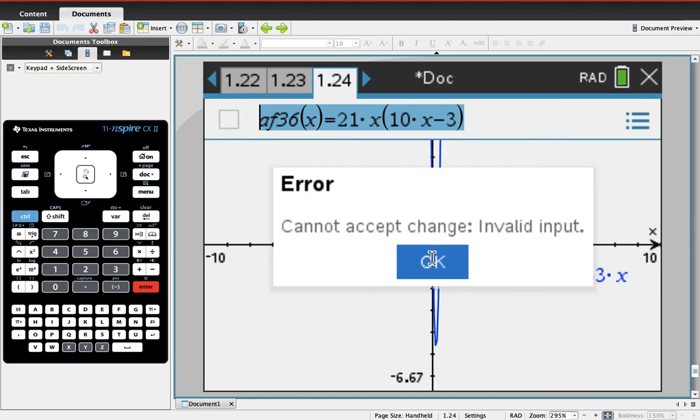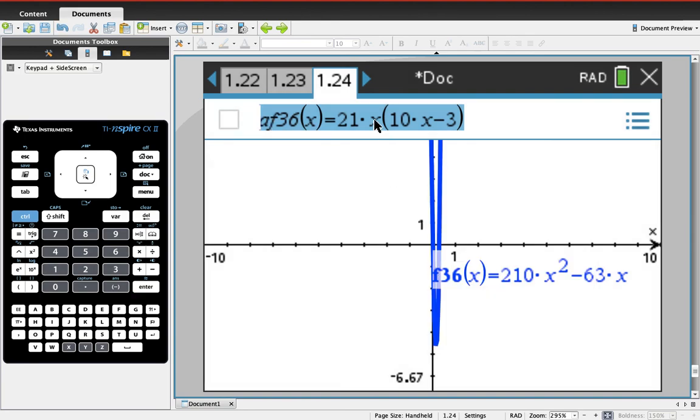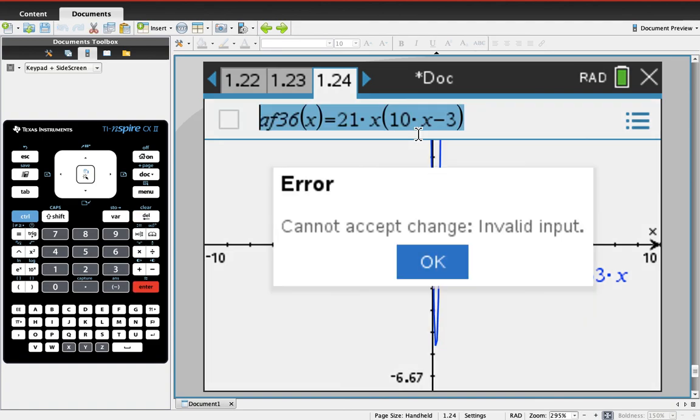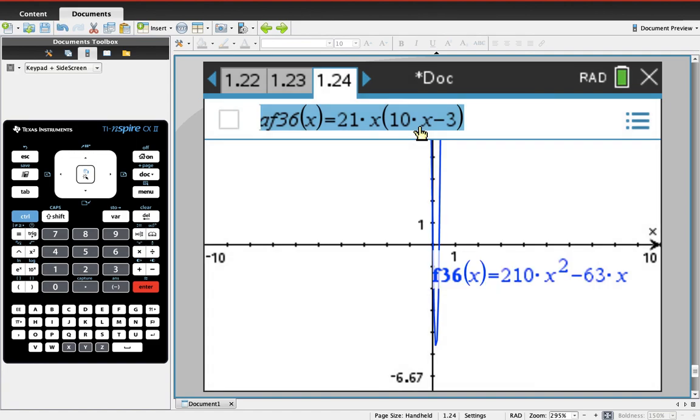Hold on, what did I do wrong? 21x into 10x minus 3. Oh, that's correct. Huh. That's very odd. That is super weird. I'm not sure why it's doing that.